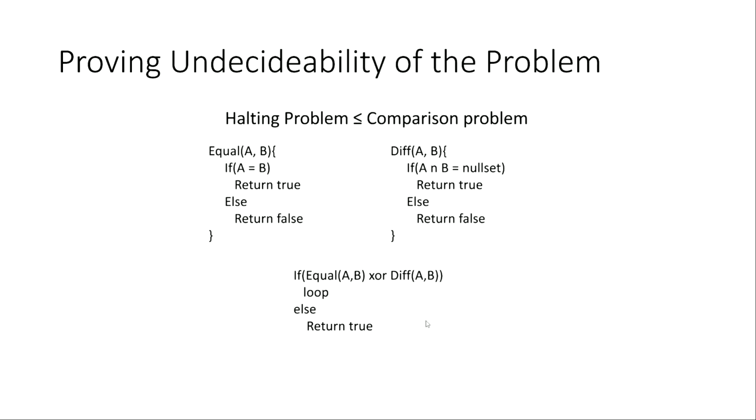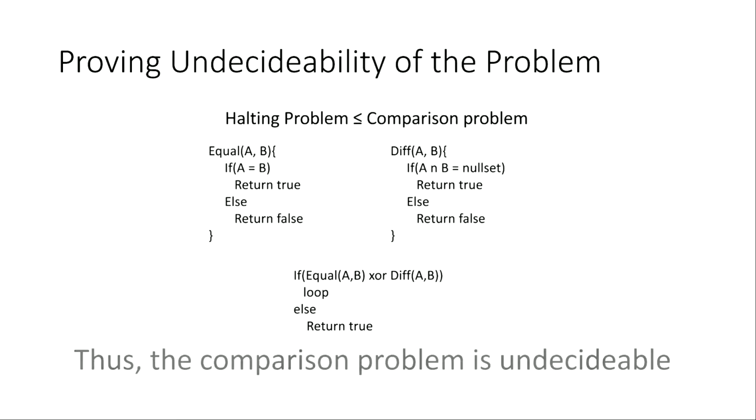Otherwise, it just returns true. And thus, you have a situation where it isn't quite clear whether or not this algorithm will halt. It might return true, or it will just go forever. And thus, the comparison problem is undecidable.